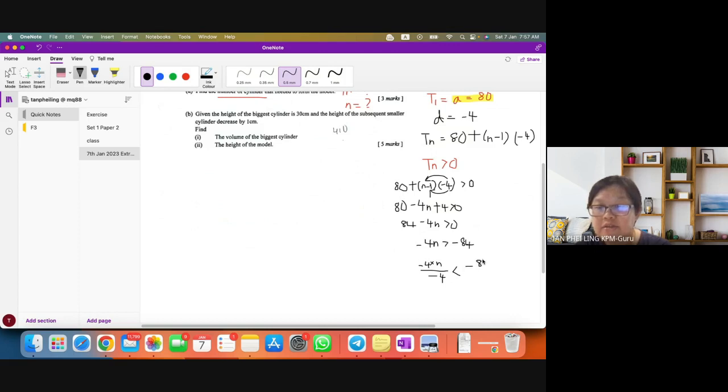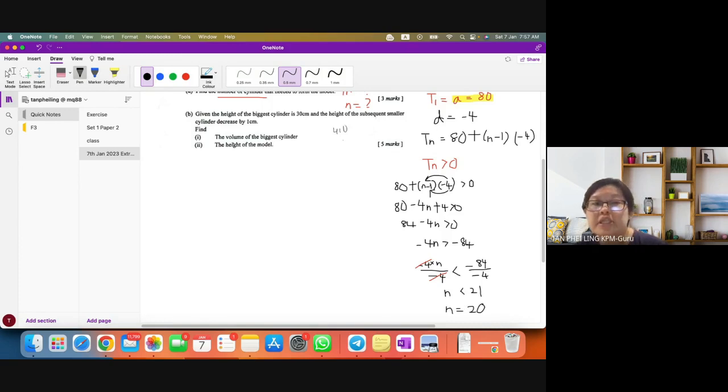So here also we are doing the same. We will divide by negative 4 as well. So negative 4 and negative 4 cancel off, and we are left with n less than 21. When n must be less than 21, the nearest number will be 20.